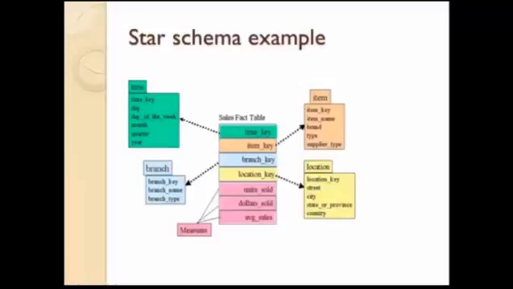In database terminology, we also say that the primary key of the sales fact table is made of foreign keys, because the time key is a foreign key in the sales fact table that corresponds to the primary key in the time table. So the composite primary key is made of 4 foreign keys, in other words.